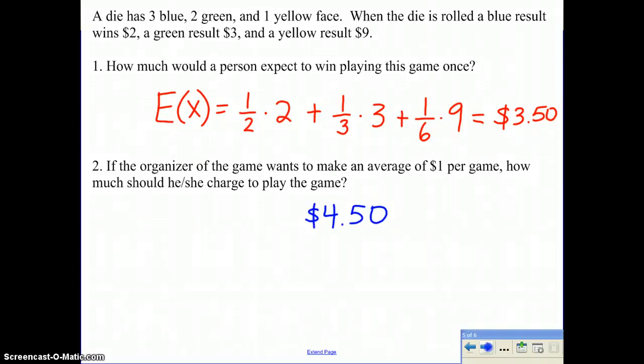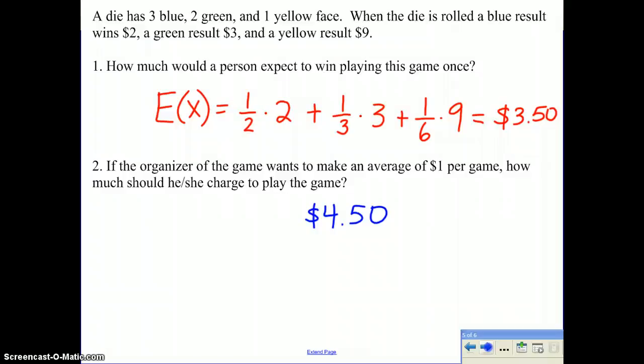So if we charge $4.50 and they make back $3.50 every time they play the game, then we, on average, earn $1 per game. These are the types of thought process casinos have to go through when they're deciding how much winnings per game and how much they should charge per game.